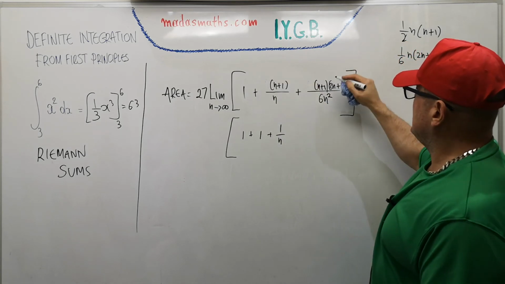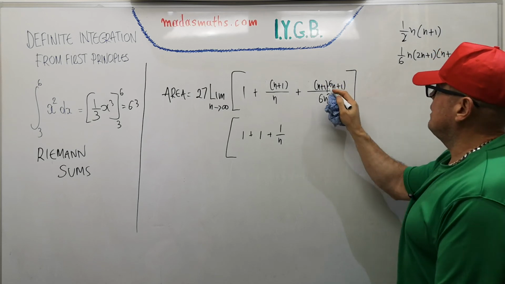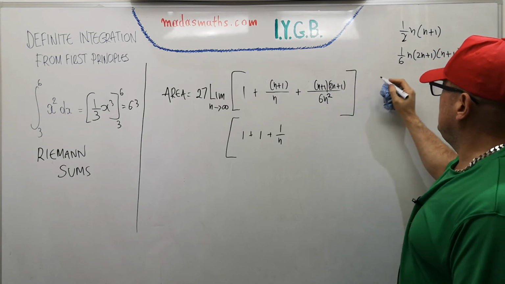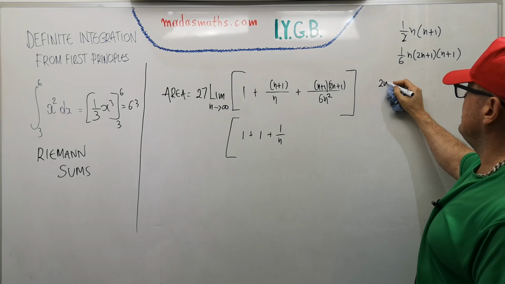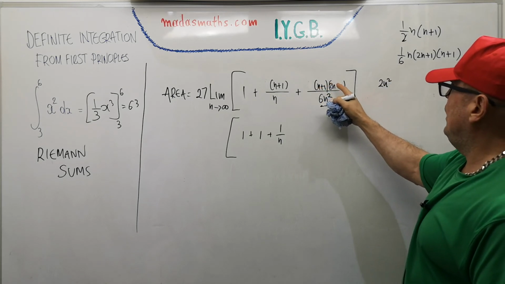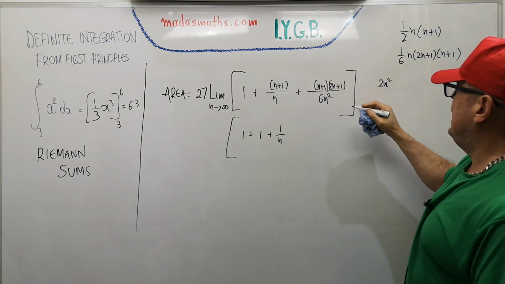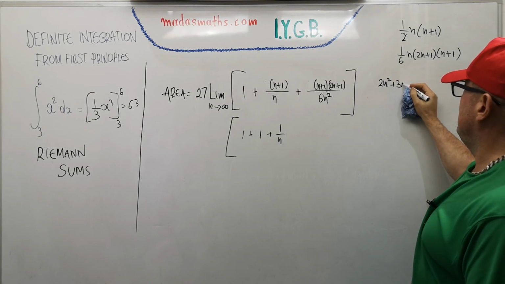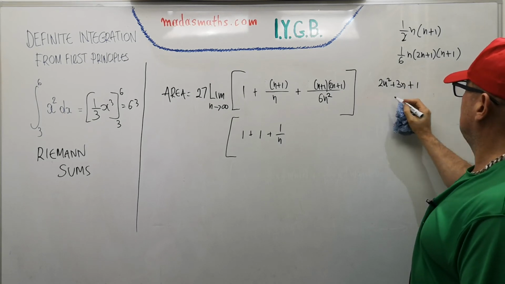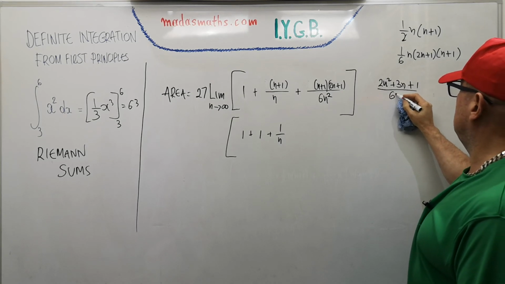And if I expand this numerator that I've got in there, I'm going to get, let's write it here, 2n squared plus 2n plus n plus 3n plus 1 over 6n squared.